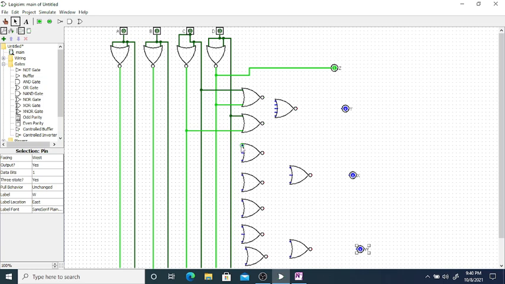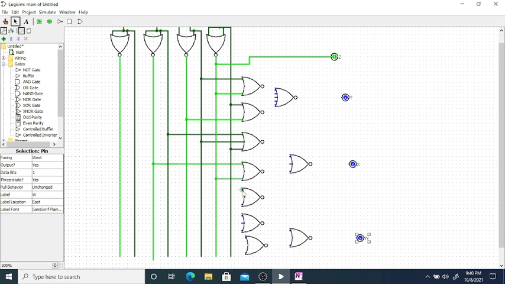Then here we will get B, C and D. Then next we have B bar plus D bar. Then we have B bar plus C bar. So this will be connected to C bar.